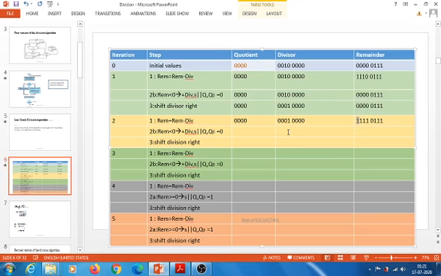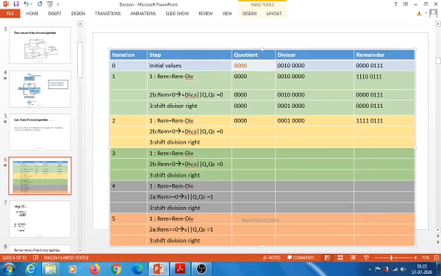What if it is less than 0? What I must do is add this divisor to the remainder and place the result in the remainder register.